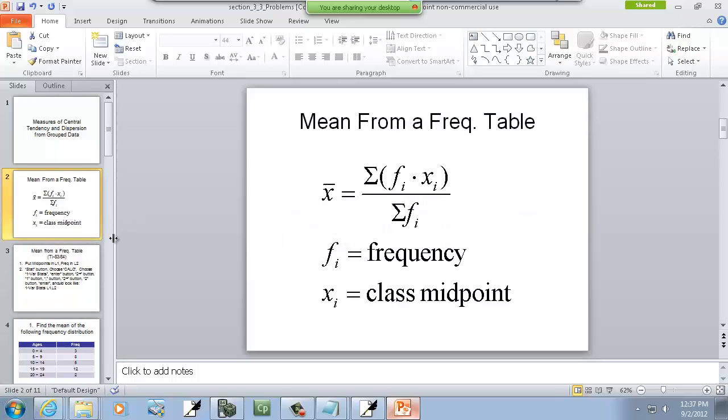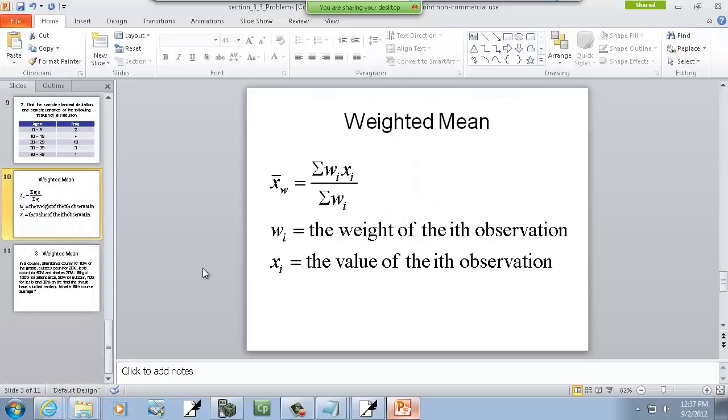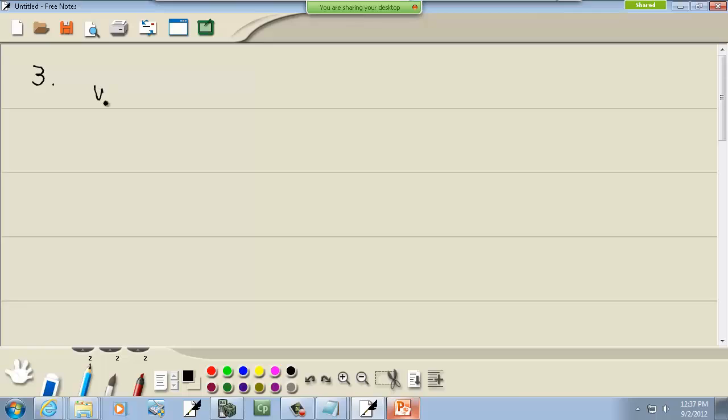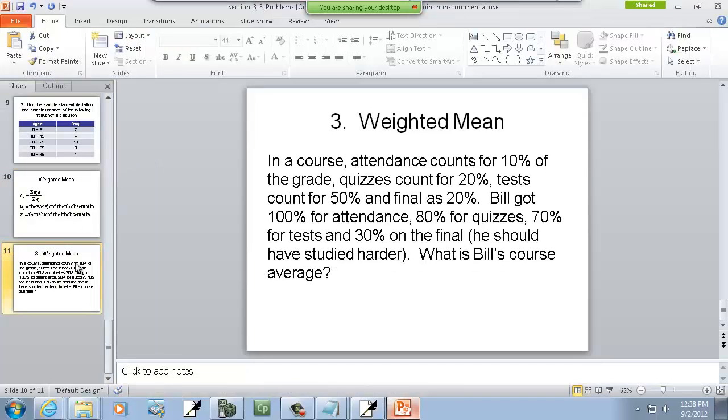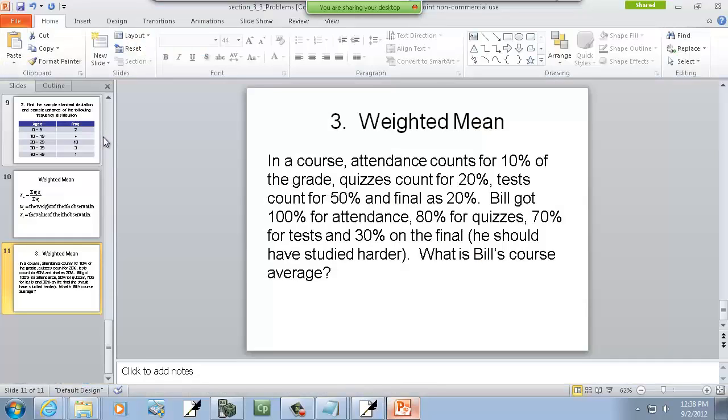Now we need our W's, the weights, and we need our X values, the actual observations. Now W's are weights. Let's go back and read the problem. We've got our attendance, and it says attendance accounts for 10% of the grade.